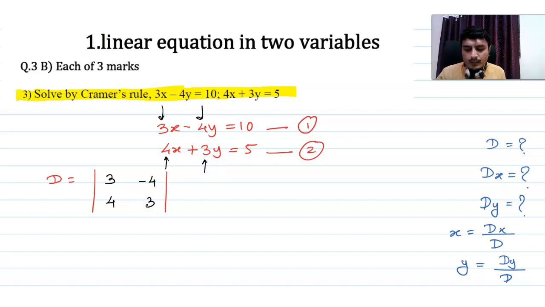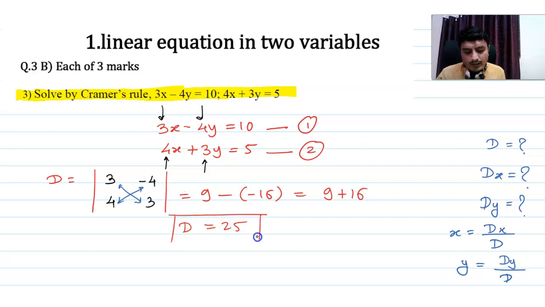Now to simplify the determinant: the principal diagonal elements' product is 3 times 3, which is 9, minus the other diagonal elements' product, 4 times 4, which is 16. Minus minus is plus, so 16 plus 9 is 25. So the value of d is 25.